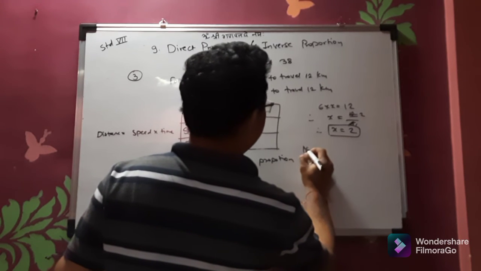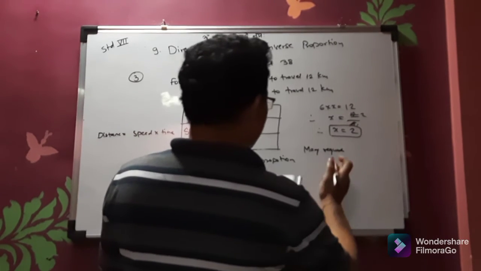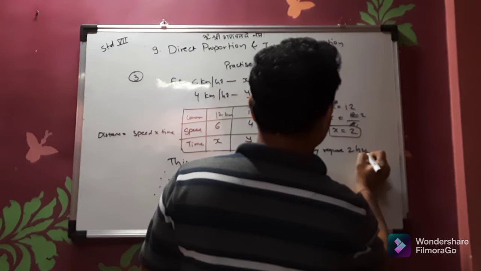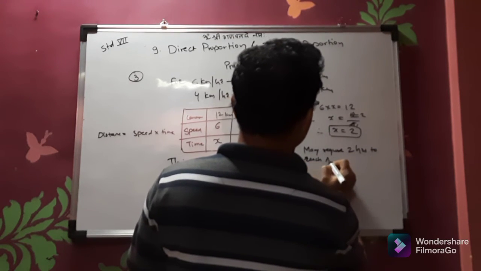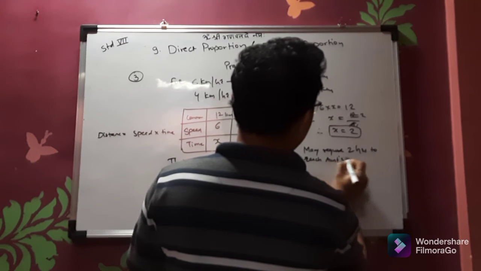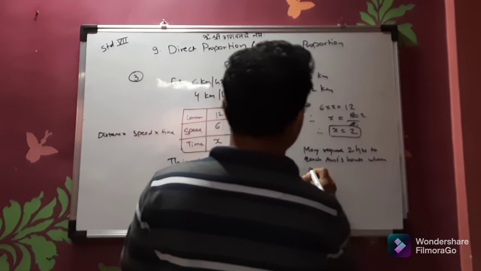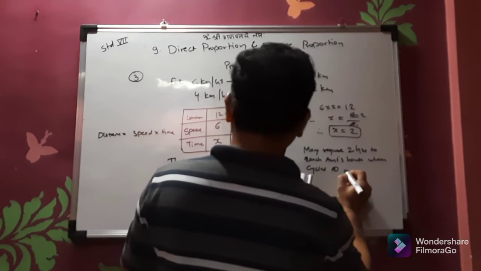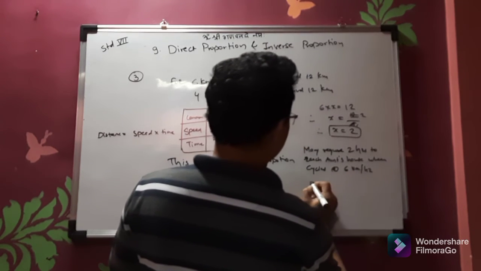So Mary requires 2 hours to reach her aunt's house when she cycles at the rate of 6 kilometers per hour.